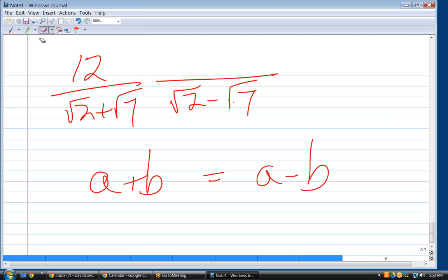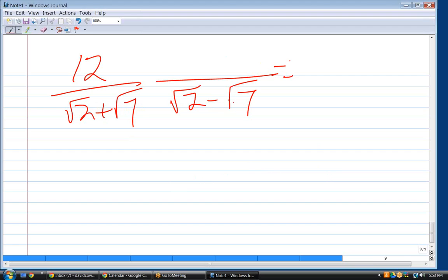That's what a conjugate is. Well, when I multiply these two irrational numbers by the conjugate, I get 2 minus 7. I get minus 5 in the denominator if you FOIL them. So whenever you multiply by the conjugate, you're going to convert an irrational number to a rational number.